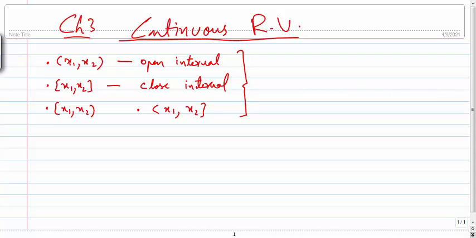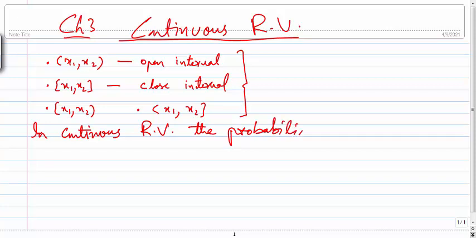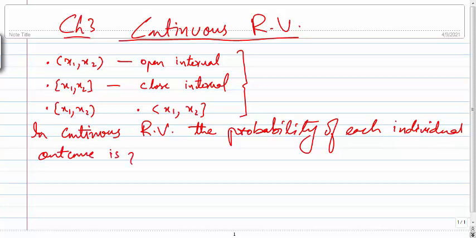Now, the next thing that we have to discuss is that in continuous random variable, the probability of each individual outcome is 0.